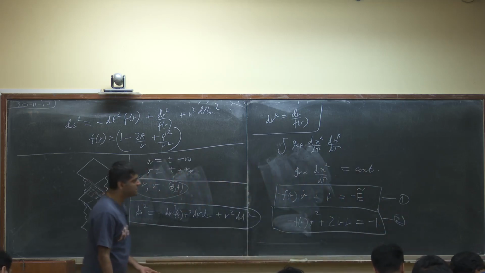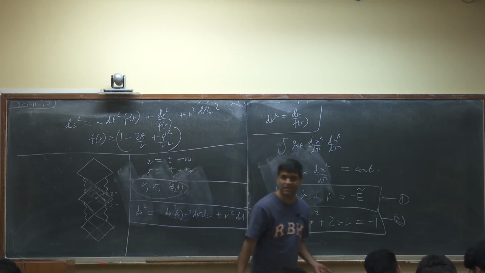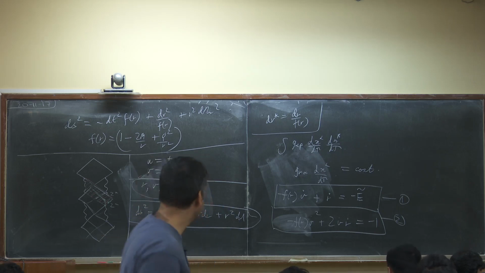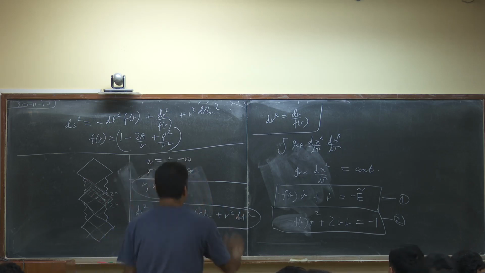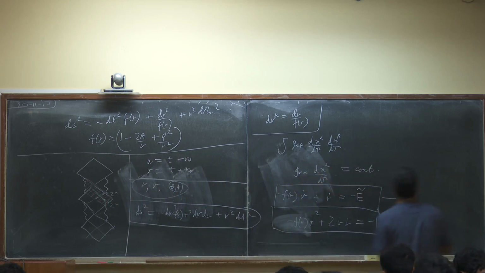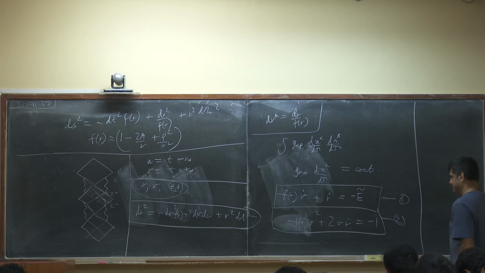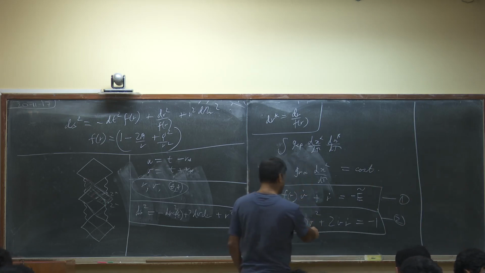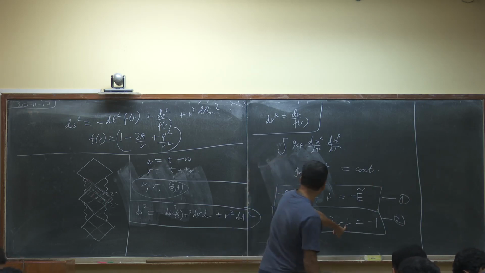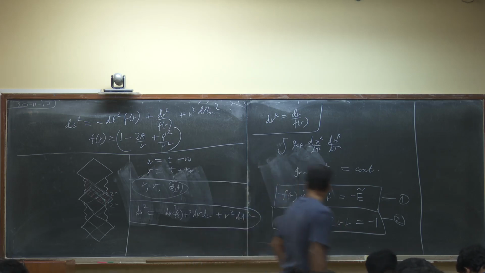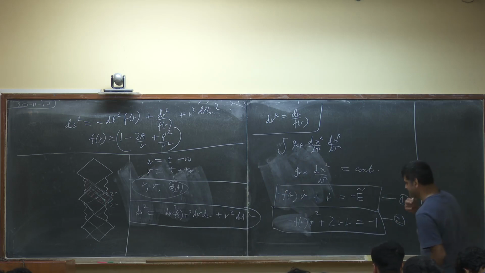Now we have two equations and two variables, v dot and r dot. What we need to do is to solve for v dot and for r dot in terms of E tilde and f(r). So we just go ahead and do that. Let's use this equation to solve for r dot in terms of v dot.